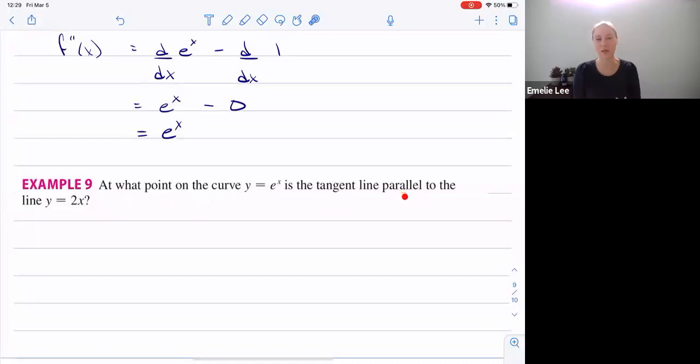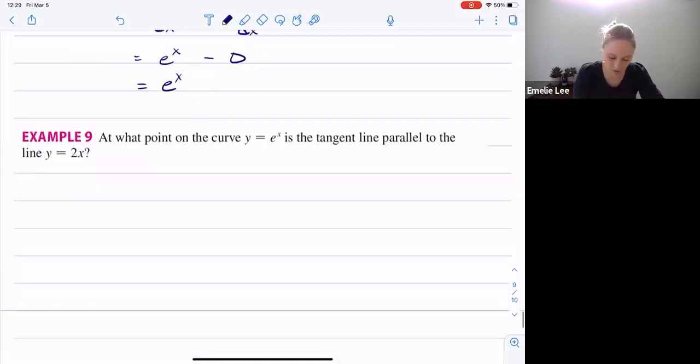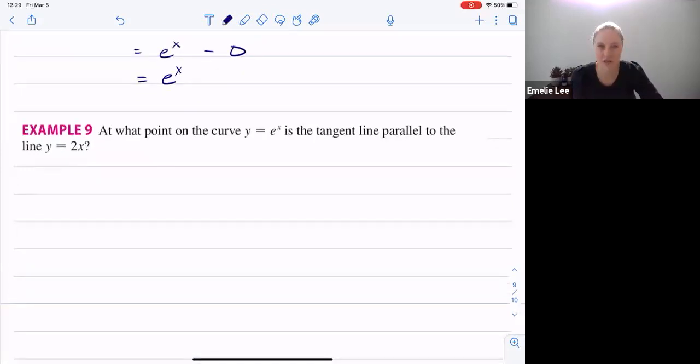Well, two lines are parallel if they have the same slope, right? Just as a side note, if you need your lines to be perpendicular, remember that then the slope of the first line times slope of the second line has to equal -1. I'm going to summarize that here because that might come up. I don't know. I'm not foreshadowing or anything, but I suspect it might come up.